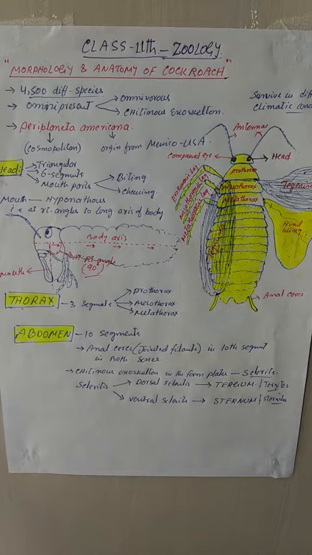My today's topic is the morphology and anatomy of cockroach. Before going into the details of this topic, first of all, we must understand the meaning of morphology and anatomy.